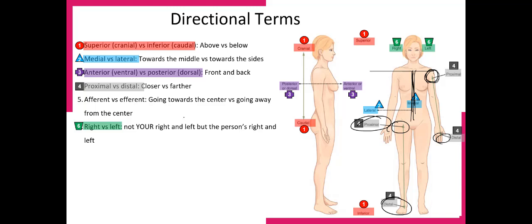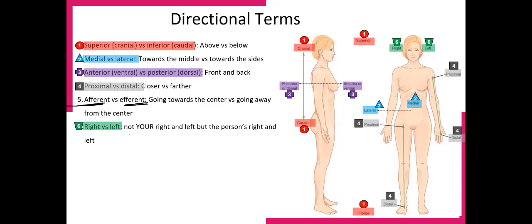Afferent and efferent, not shown here on the picture. So afferent means going towards something, right? Towards the center, versus efferent means going away from the center, right? This afferent and efferent is used mainly in the nervous system, where you have signals from nerves that are being sent to the brain, which is referred to as afferent signal, versus signals that come from the brain going elsewhere is referred to as an efferent signal.